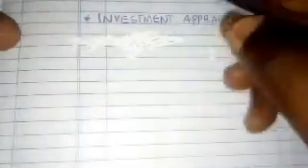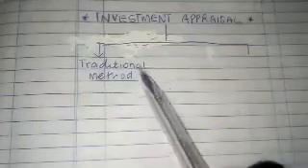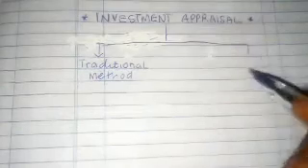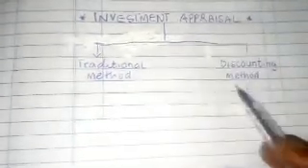Now there are basically two methods of investment appraisal. Number one, the traditional method, and number two, discounting methods.